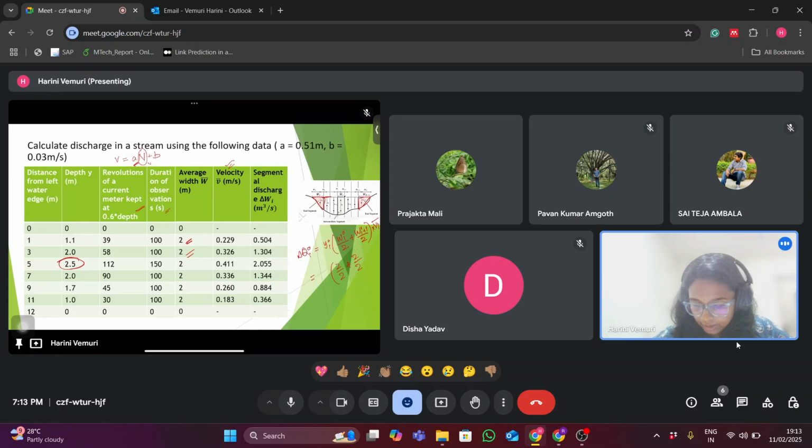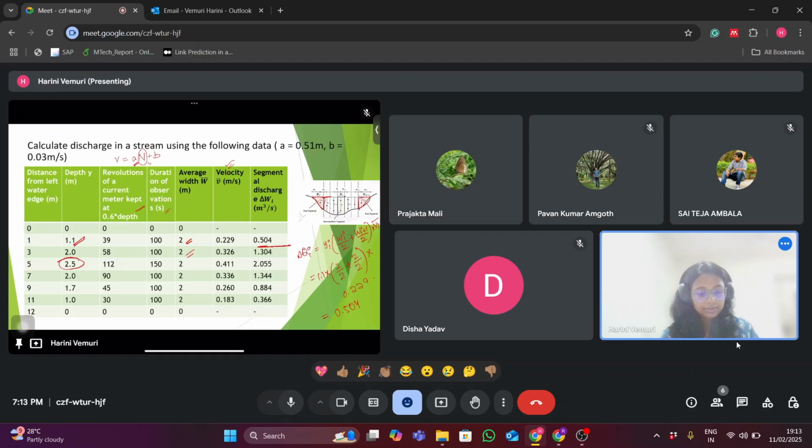And the depth of the river is given as 1.1, into the average velocity calculated using the formula V equal to A N plus B, and that value is 0.229. Then once we multiply it, we'll get the discharge as 0.504. Okay. This is how we calculated for the second section.